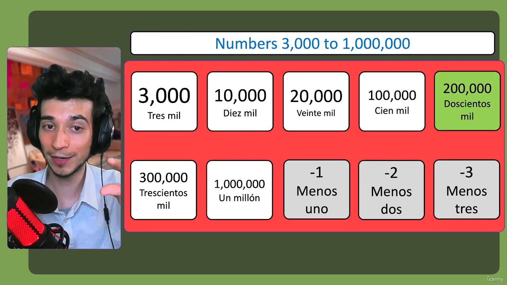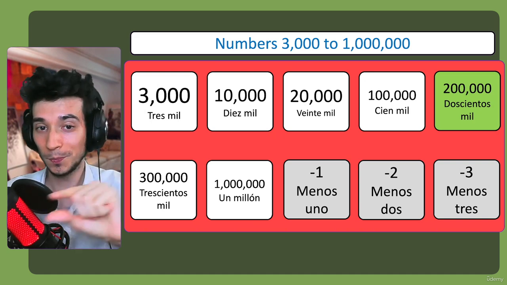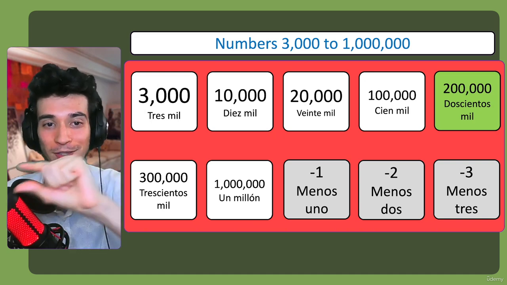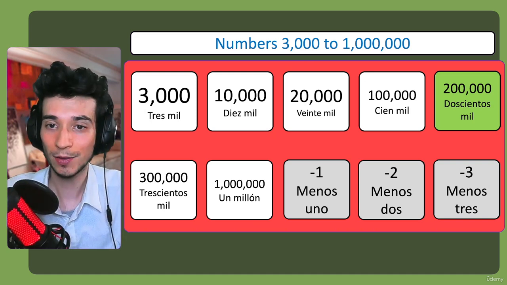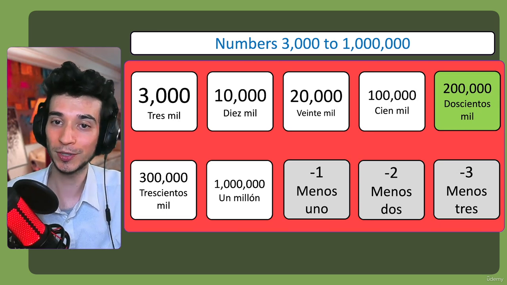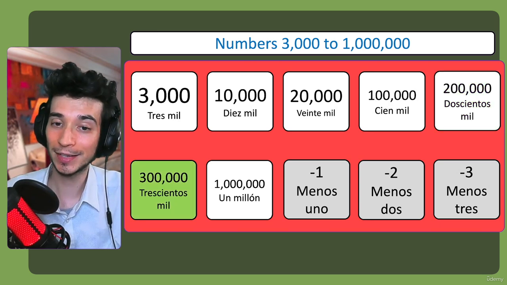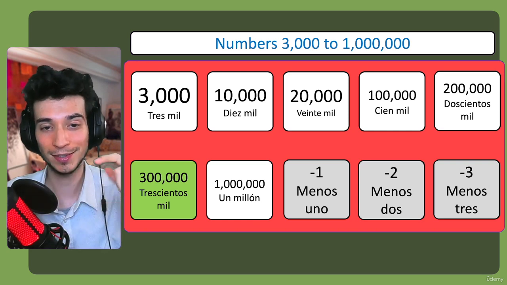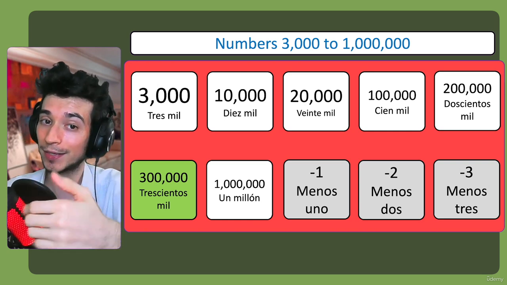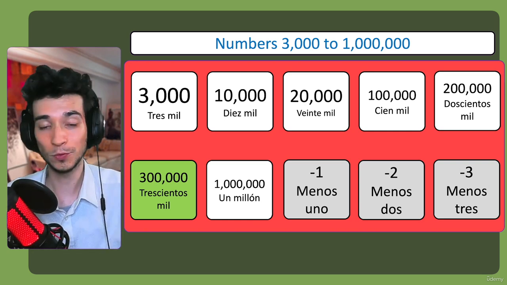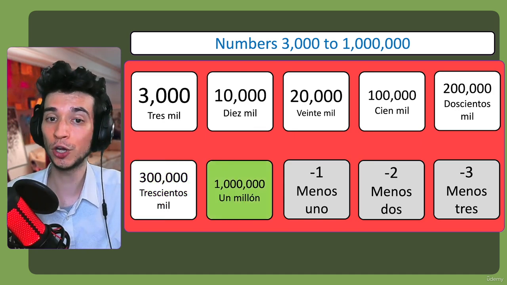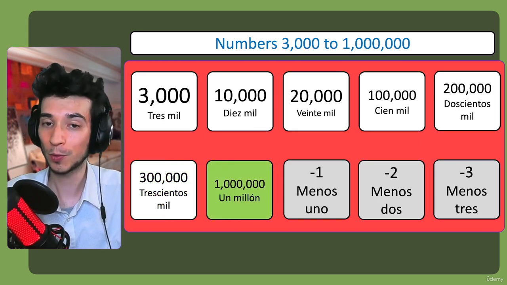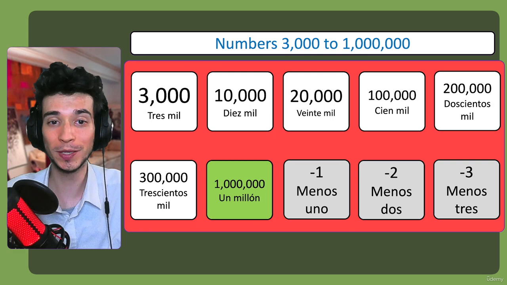You can see 200, which is 200, and 1,000, just like in English. 300,000. And then you will reach 1,000,000.